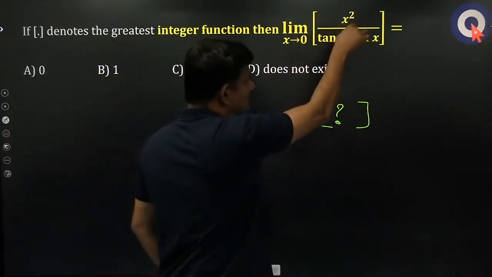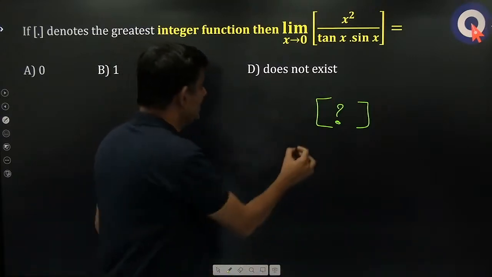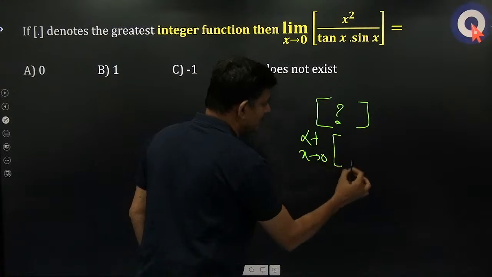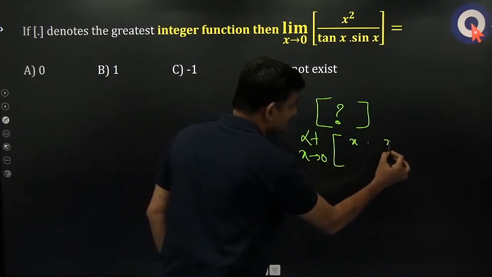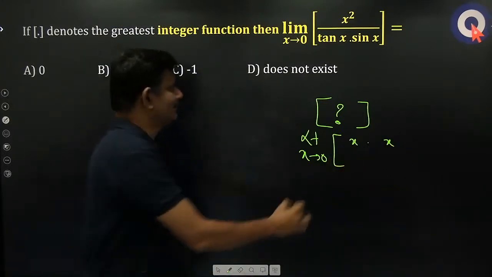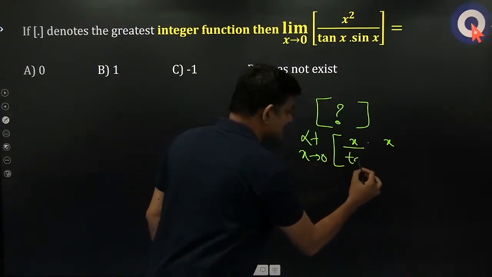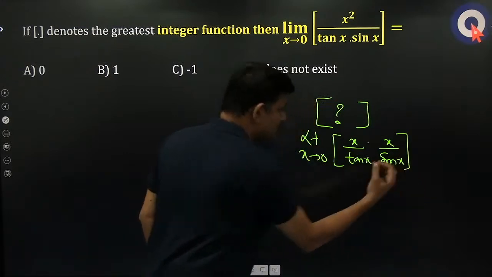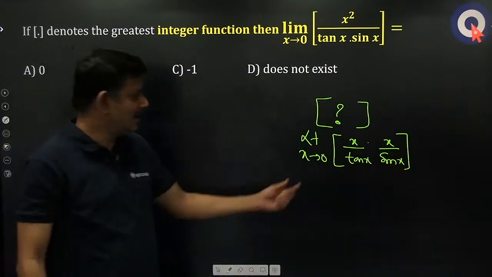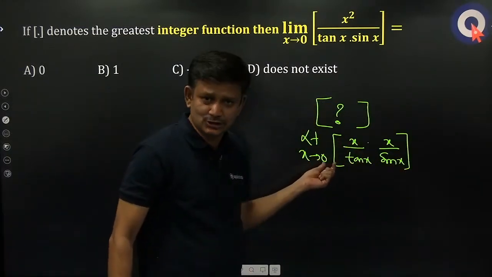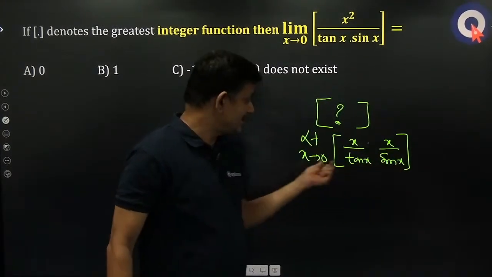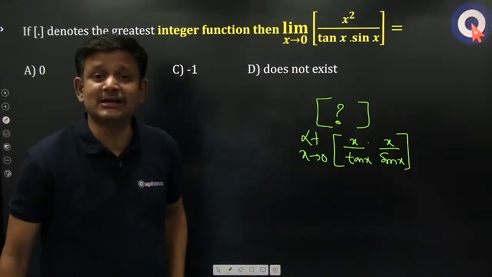Now, you have some known limits here. Limit x tending to 0, the quantity x square I can split into x and x, divided by tan x and sin x. So you have two very famous limits: x by tan x as x tends to 0, which is 1, and x by sin x as x tends to 0, which is again 1.